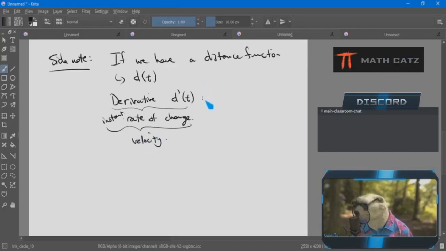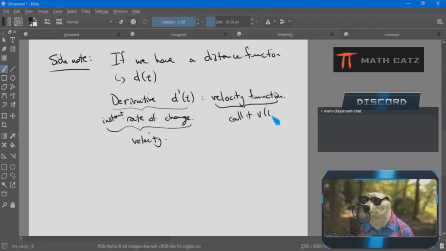So this represents the velocity function. So distance, or position, I guess is more accurate, and velocity are related through this derivative, through this rate of change. And let's call this v for velocity.